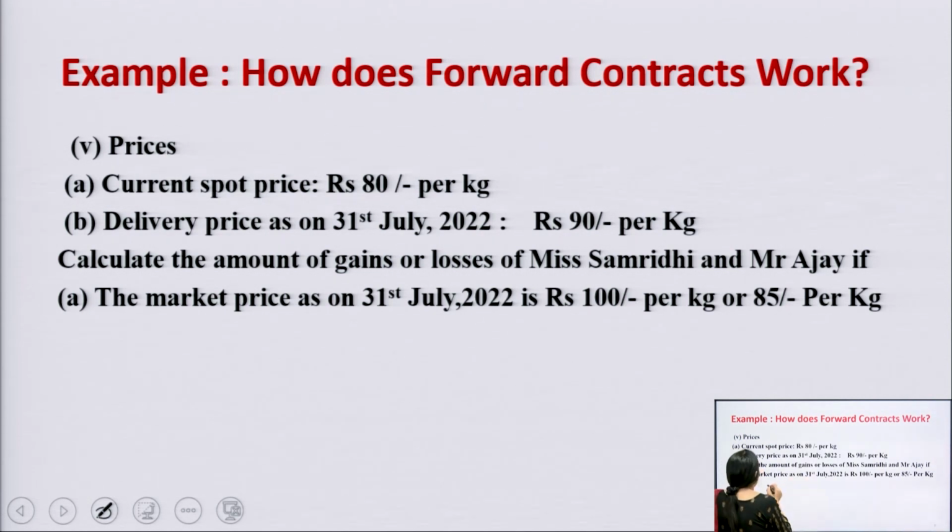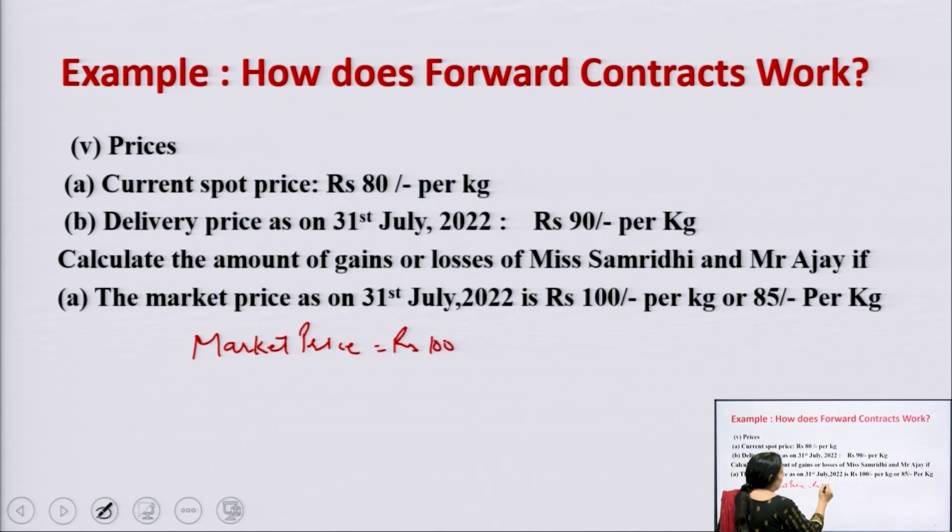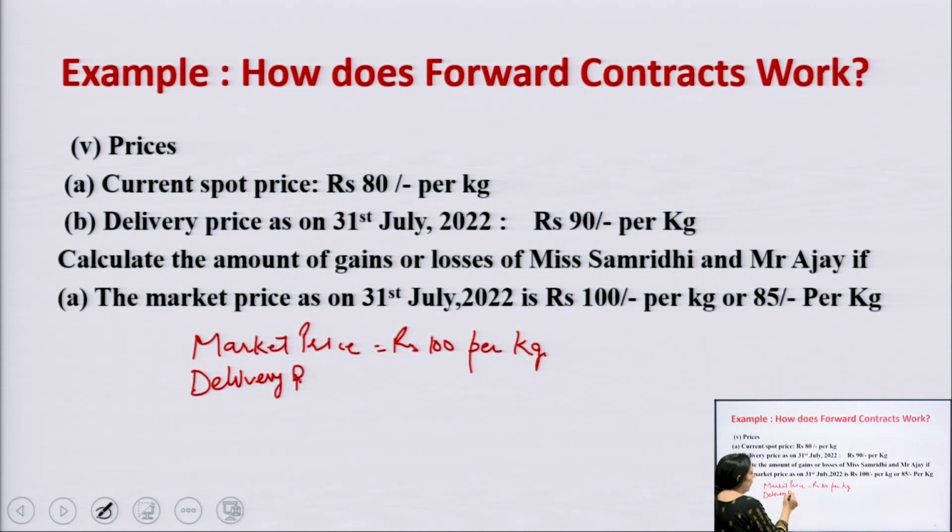Case one, the market price is rupees 100 per kg. And we have already discussed delivery price. It is already given. Delivery price, which is decided in advance, is rupees 90 per kg.